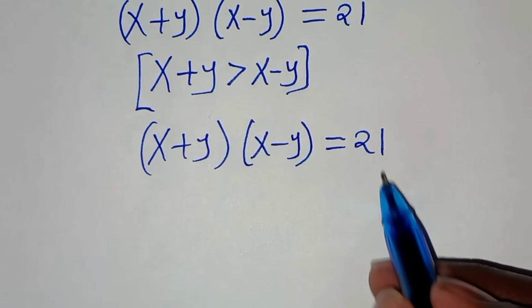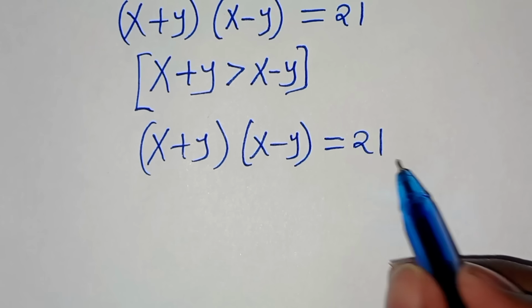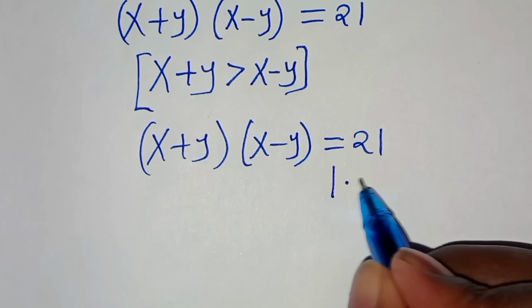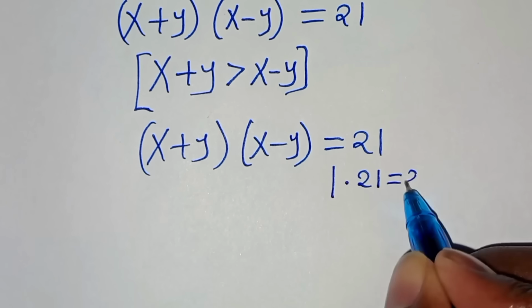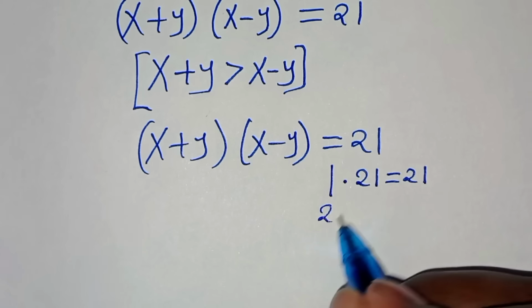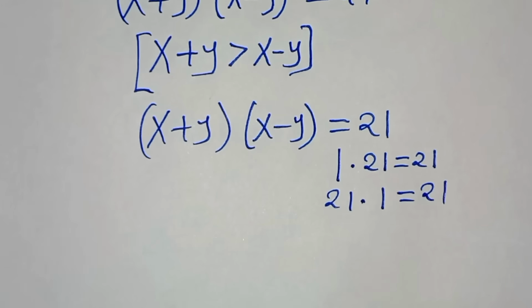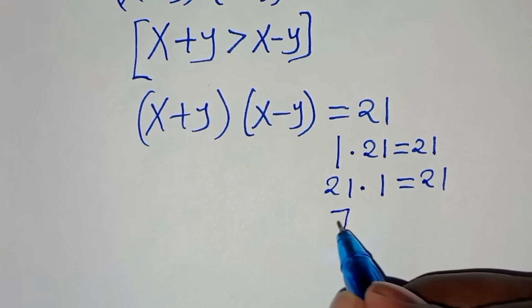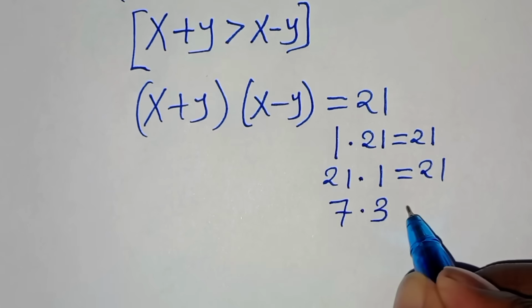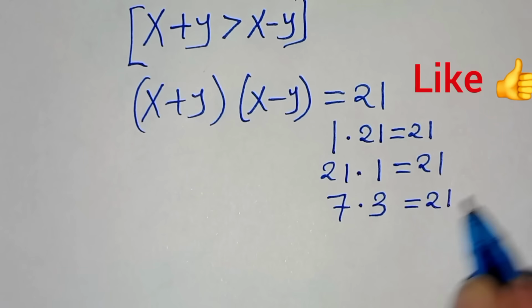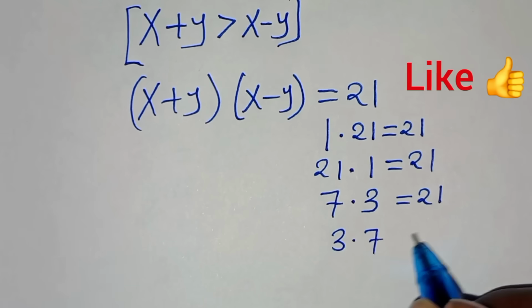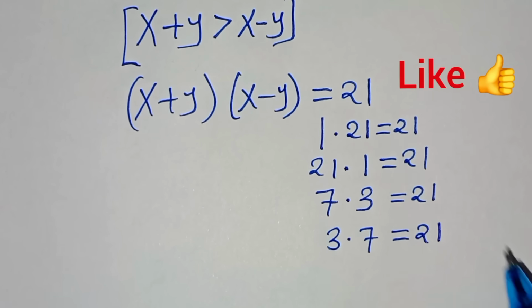Now, the next step is to get the factor pairs of 21. We have 1 times 21, equal to 21. Then 21 times 1, which gives us 21. Then 7 times 3, which gives us 21. Then 3 times 7, equal to 21.